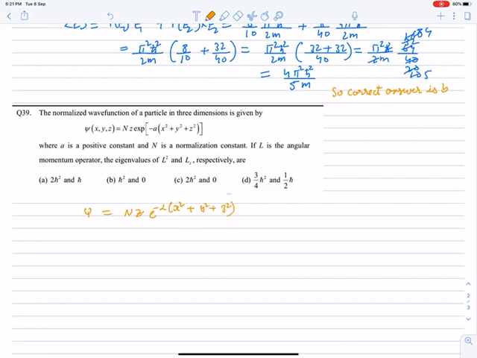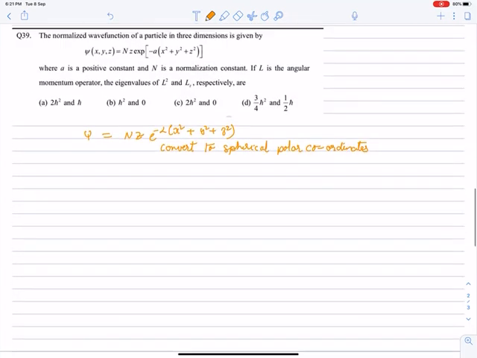So I know I have to convert this into spherical polar coordinates. When you convert, we know x is equal to r sine theta cos phi, y is equal to r sine theta sine phi, and z is equal to r cos theta.